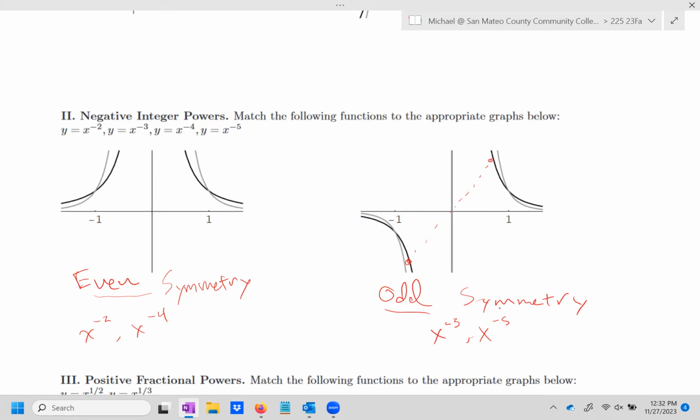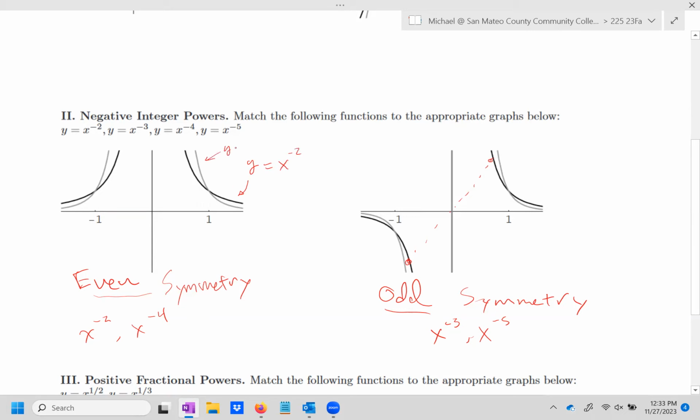So which ones go where? The dark one is x to the -2 power.